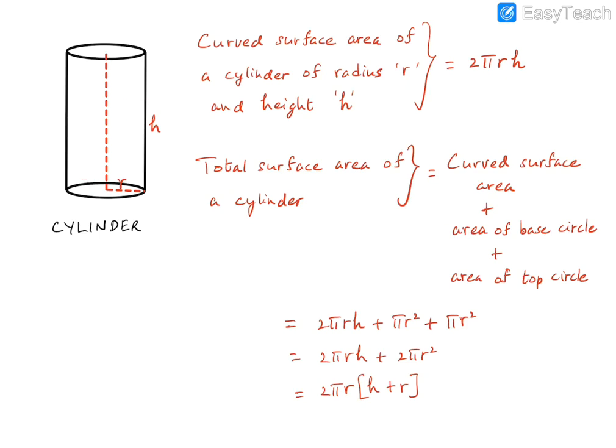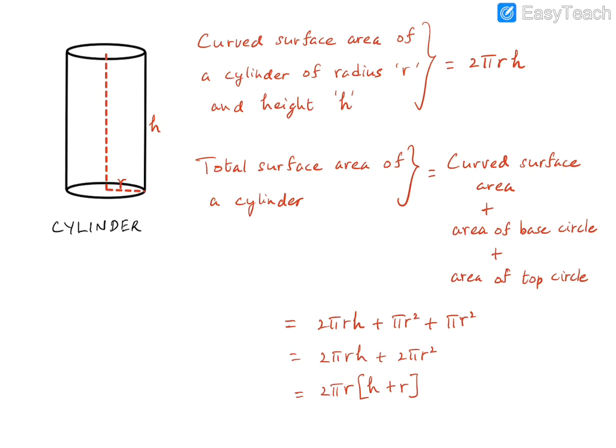So when we have a cylinder formed by rolling a paper, then the height of that cylinder, let's say, is h, but the circumference of that cylinder is basically the length of the paper that is being rolled. So basically, the curved surface area is going to be the length of the paper into the height of the paper that is being rolled.